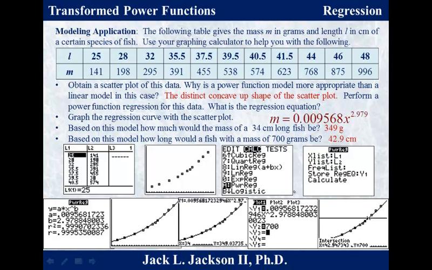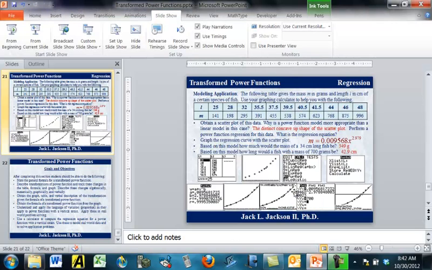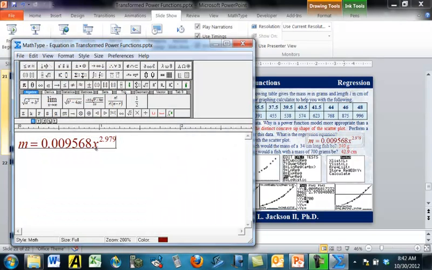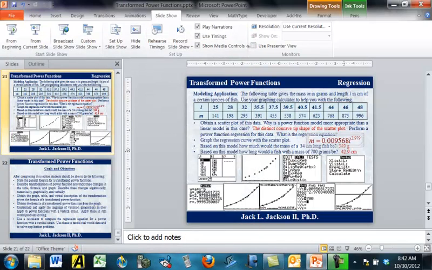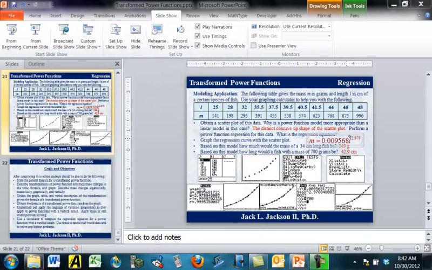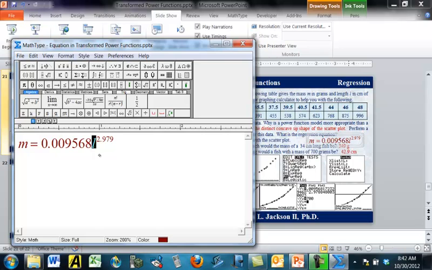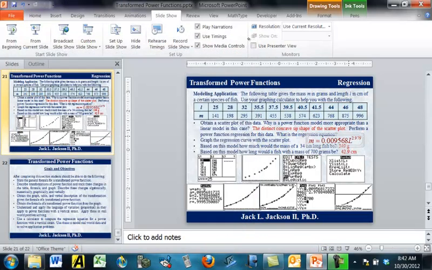I do want to change one thing here. Let's write down our formula. I used lowercase l. You know what? I think I'm going to use capital L. Lowercase l just looks a little bit too much like a 1.